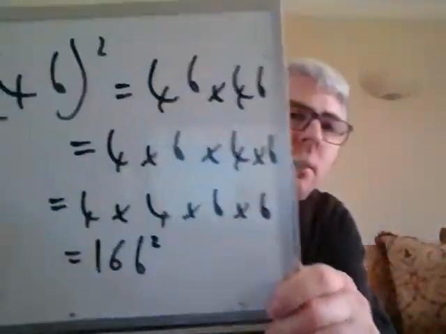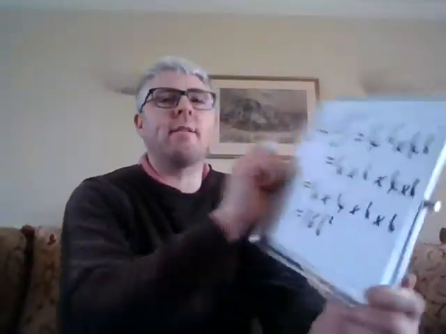I just want to do one more with you. Okay, we've got 4b in brackets and there's squared outside it, which equals 4b times 4b.